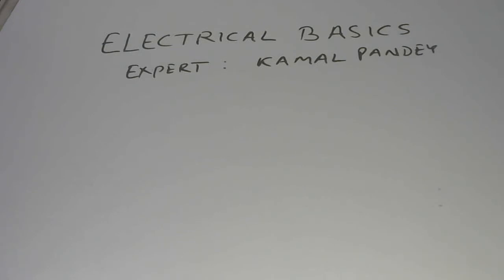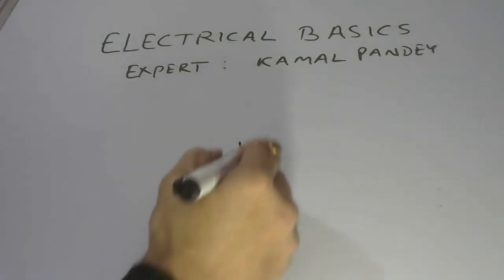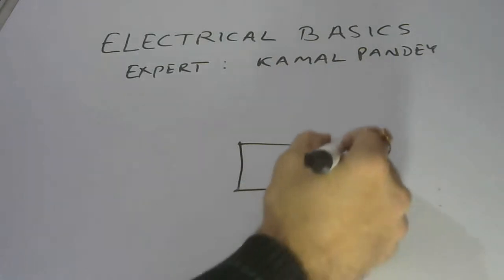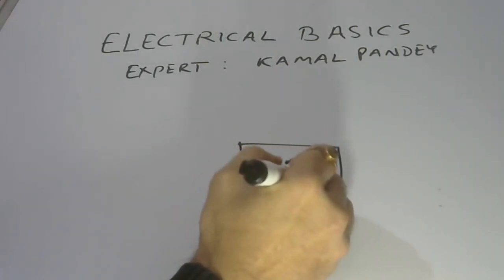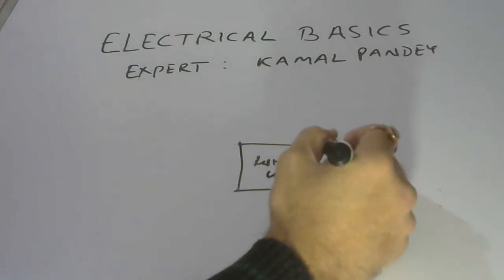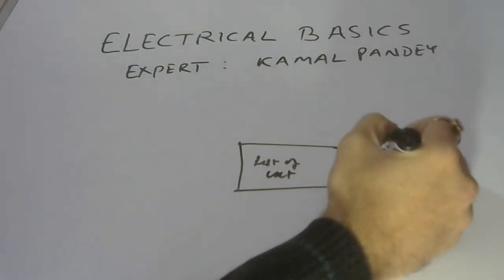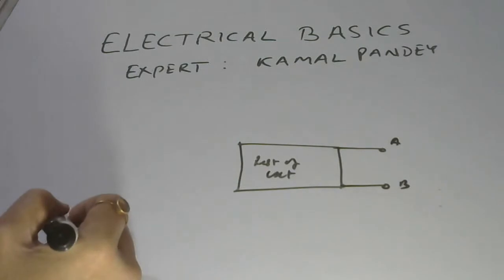Here I shall discuss in this section of the video electrical basics. Okay, what is called short circuit and open circuit? Short circuit, let us take we have a circuit, rest of the circuit, and this is AB terminal.